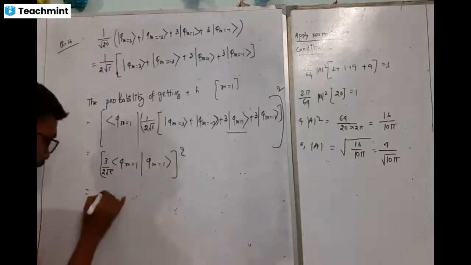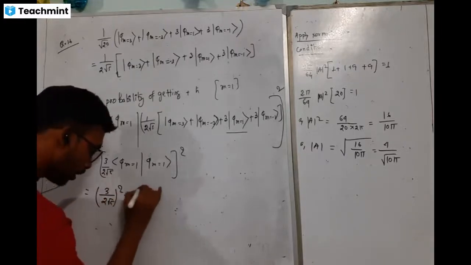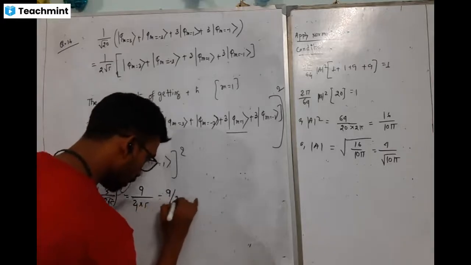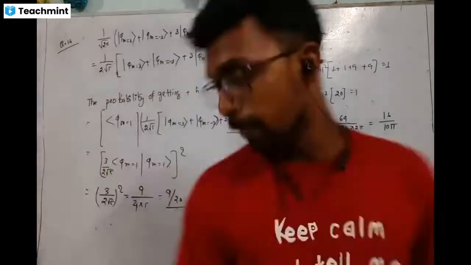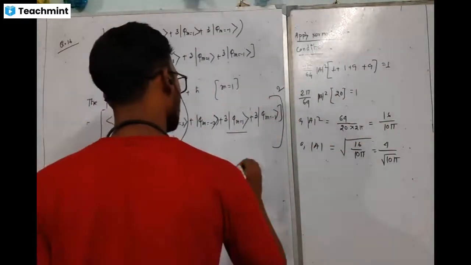This value is 1, so basically (3/(2√5)) squared equals 9 by 4 times 5, which is 9 by 20. Its answer is basically 9 by 20. So option is B.